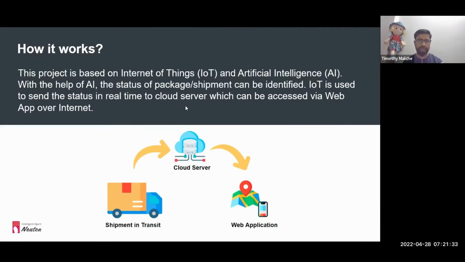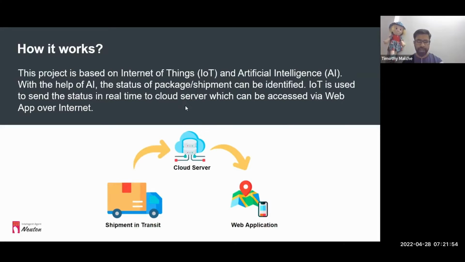It is not only based on Internet of Things, but it also uses artificial intelligence, as we have used the TinyML model built with the Neuton.AI platform. Therefore, this project is based on Internet of Things and artificial intelligence.